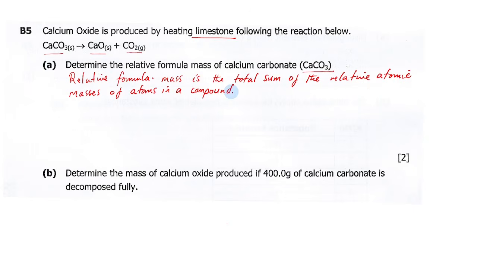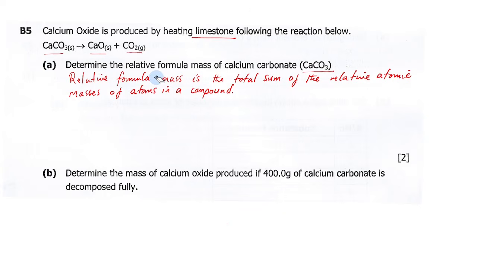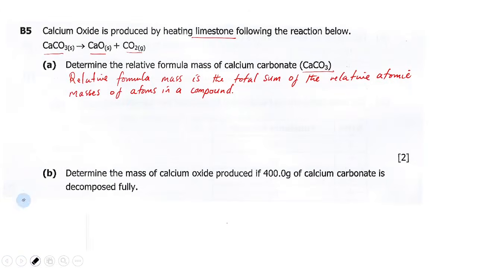So you see, this is what they're asking you here. If you don't know the definition, how on earth will you find the answers? So first of all, you need to know the definition. That's why I've given you the definition. Relative formula mass is the total sum of the relative atomic masses of atoms in a compound.